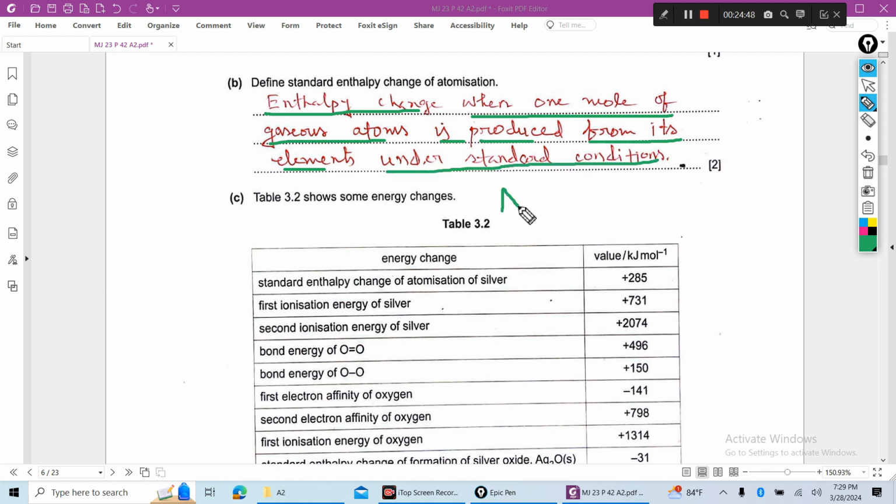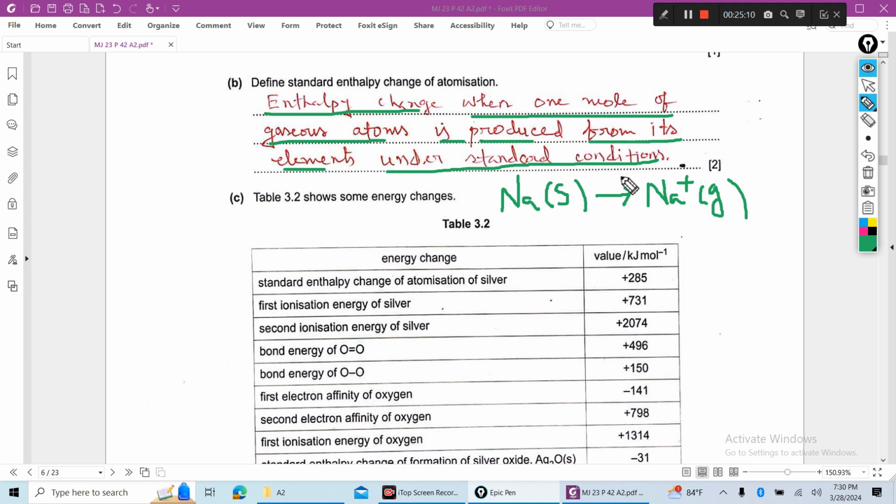Say 1 mole of sodium, standard state solid, forms 1 mole of sodium gaseous atoms. This is known as the standard enthalpy change of atomization.